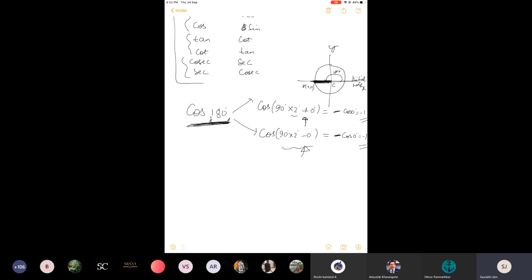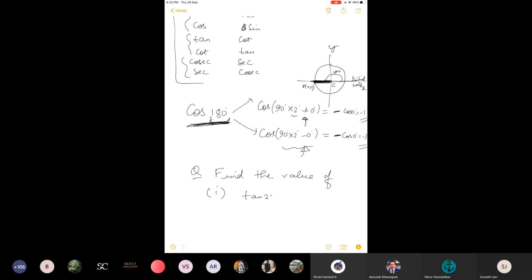Okay, so I'm giving some values. Find these values, and if anyone gets the answer, then he or she can speak up. But I need an explanation also, like how you got this answer. The first is tan 225 degrees.